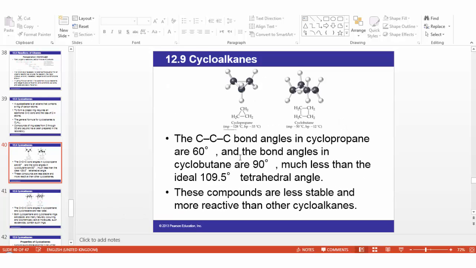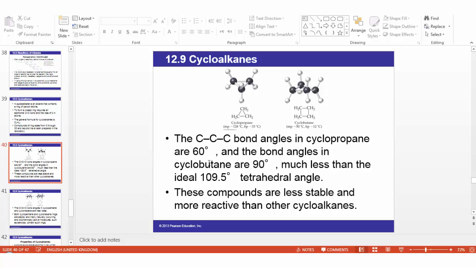Now the carbon-carbon bond angles in cyclopropane are 60 degrees. This is the simplest cycloalkane, called cyclopropane.